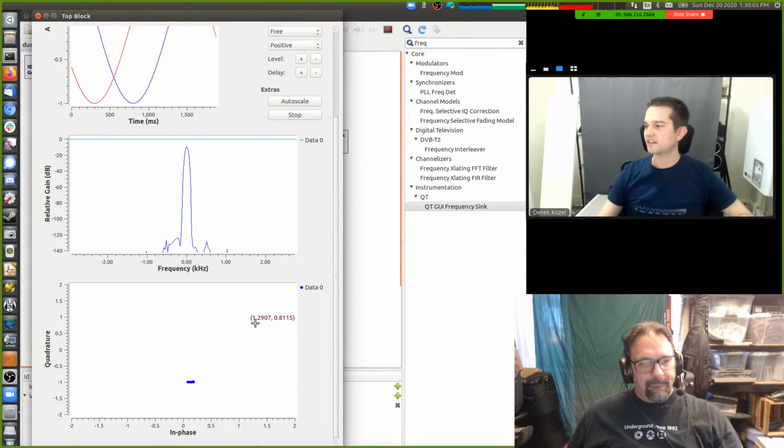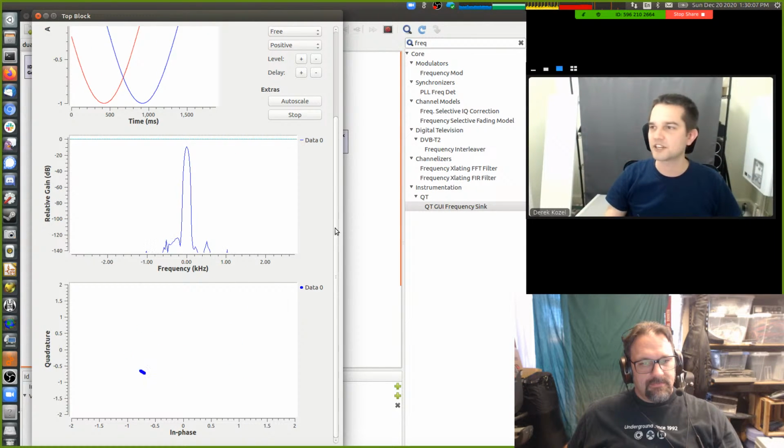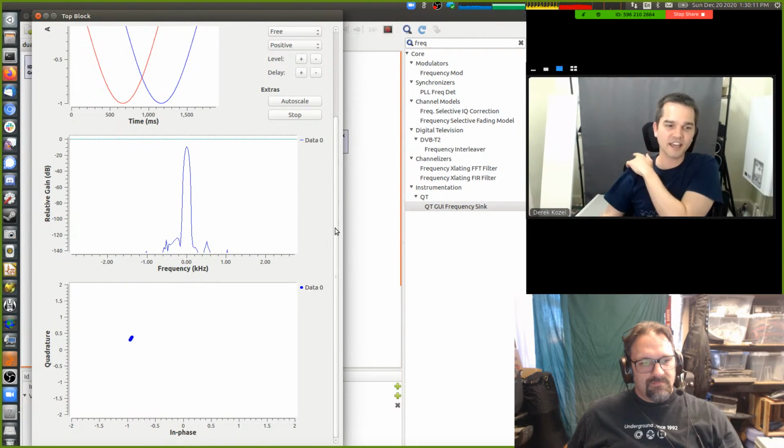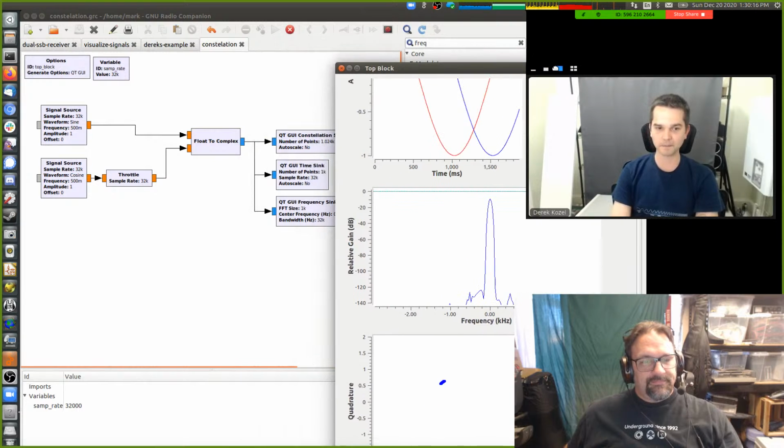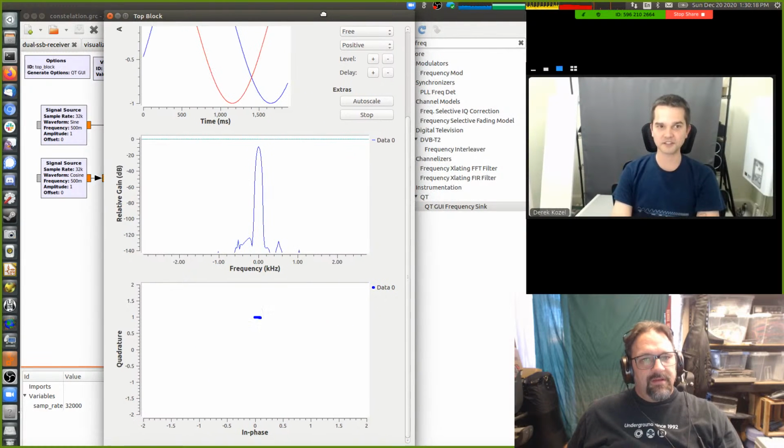There's actually a great illustration that I should have dug up before this. We are looking at what happens if you take those, it's an XY sink, basically. If you had an oscilloscope in XY mode, this is what you would be seeing.